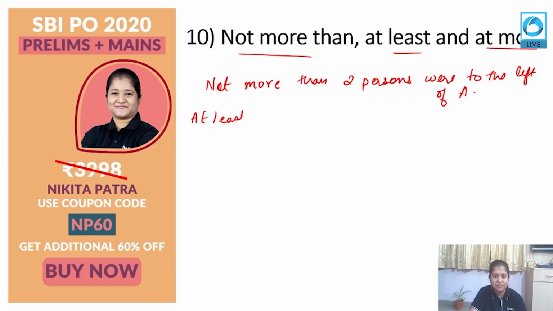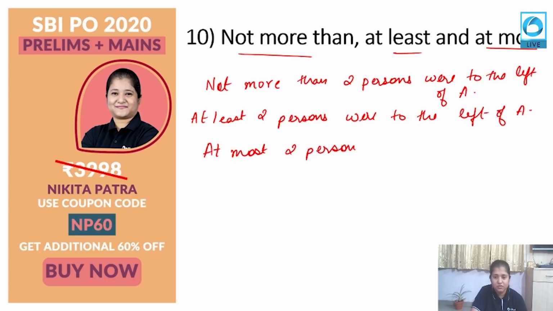At least two persons were to the left of A. And at most भी आपका not more than जैसा ही है. At most two persons were to the left of A, right?